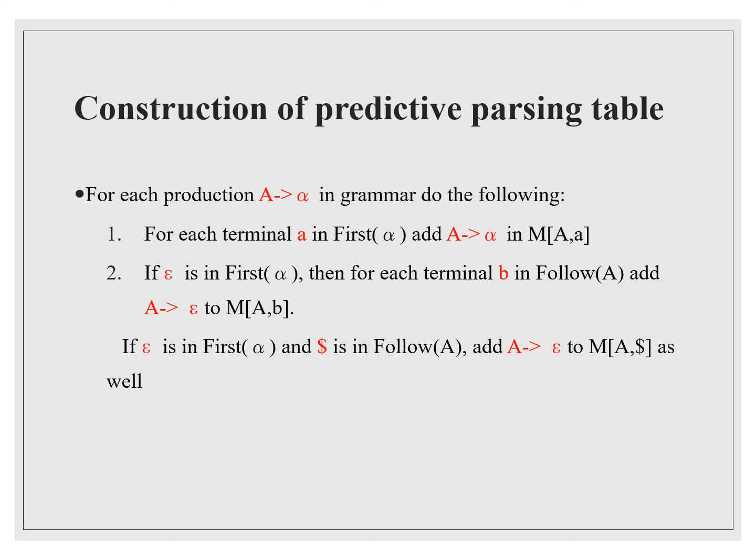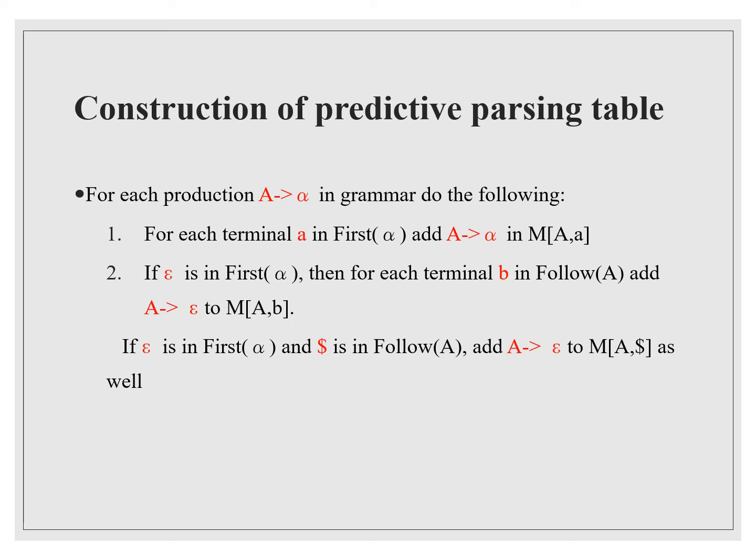According to the second rule, if first of alpha contains epsilon, which may be possible, then for each terminal b in follow of A, we add A derives epsilon to M of capital A comma small b. The row is capital A and the column is small b.